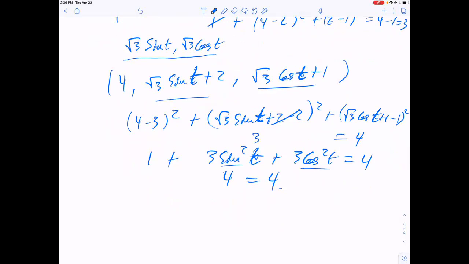So I get 3 times (sine squared t plus cosine squared t). And that's equal to 3 because that's just 1. And then I add 1 and that gives me a 4. Okay, no further questions? Great.